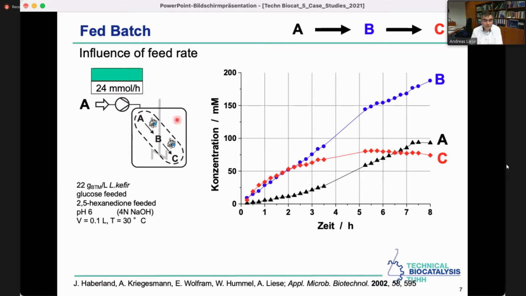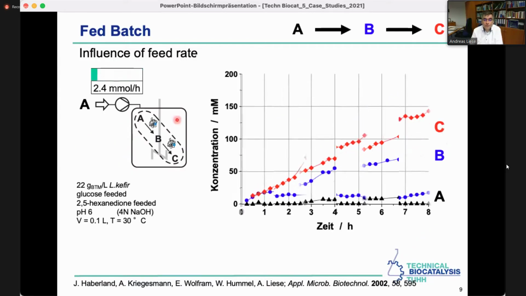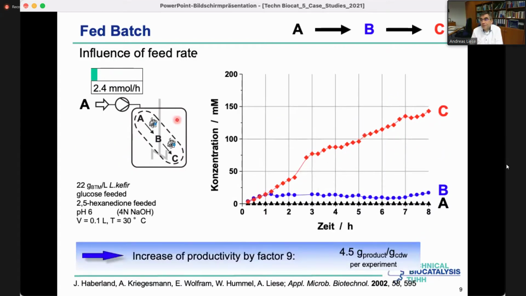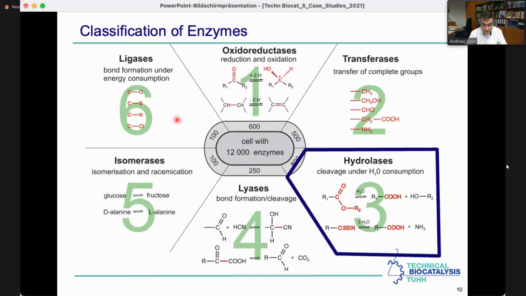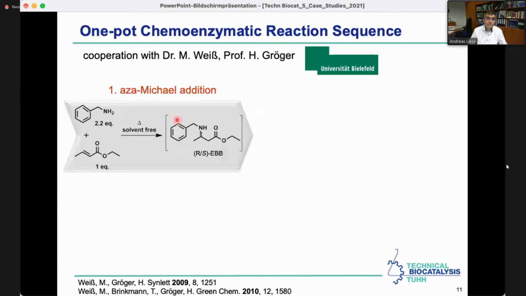Okay, I hope that point was understood, and we're moving on to the next example, and this comes out of the area of hydrolysis. The target is a pharma compound, and also here I would like to discuss with you in detail what's going on.